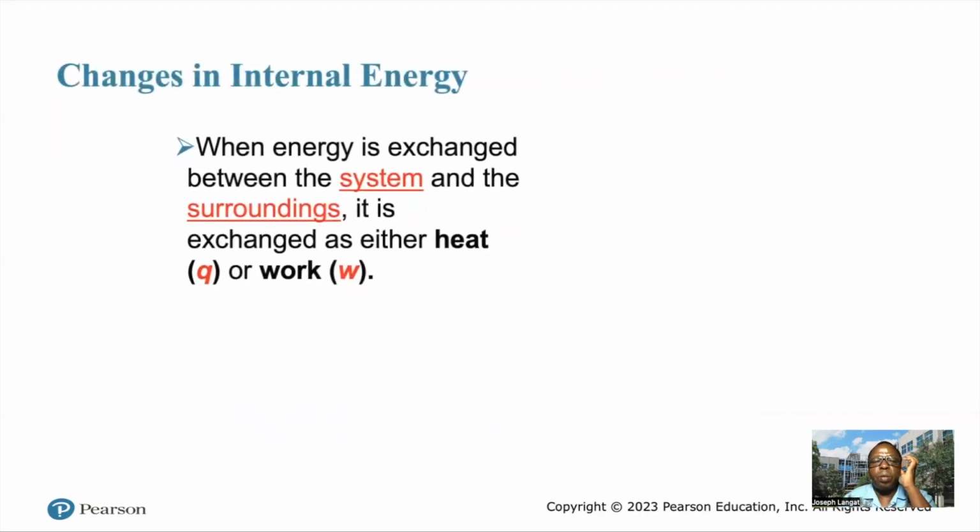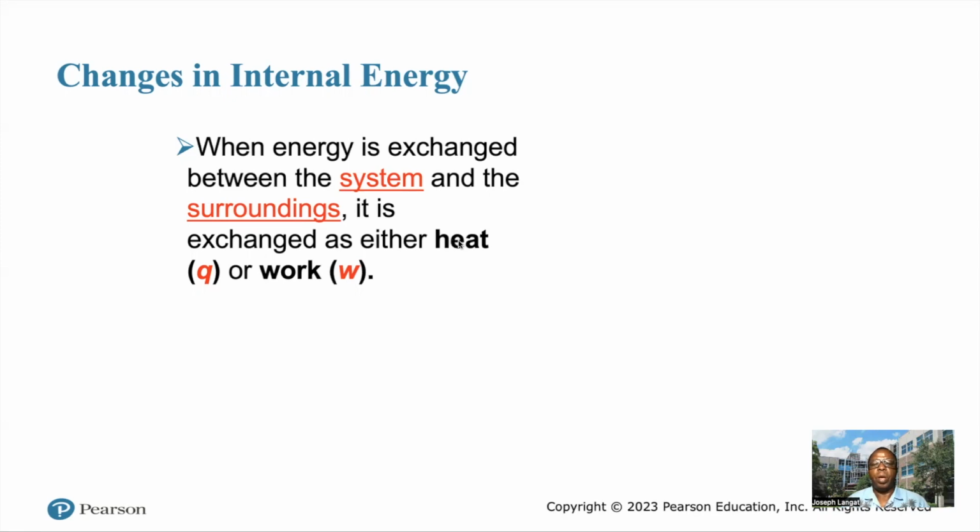We have looked at internal energy. Let's look at how the system exchanges energy. It can either be in the form of work, or it can be in the form of heat energy.